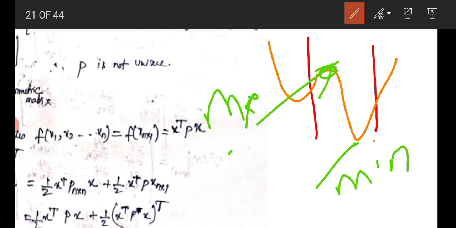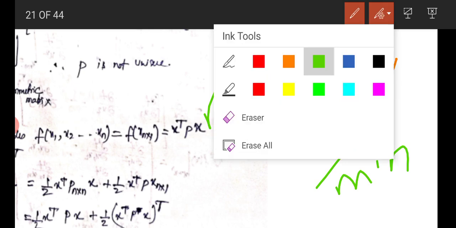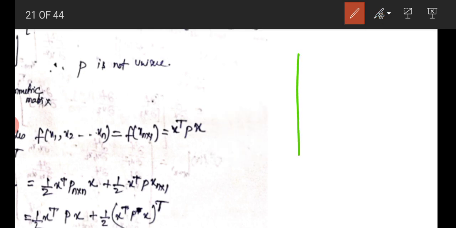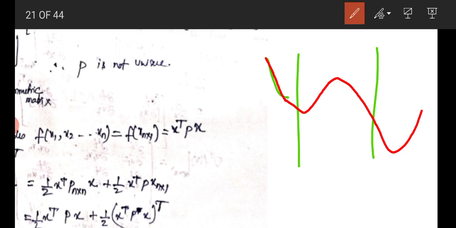However, when you take the second case, like this one, see carefully. Let's say this is the nature of the curve.